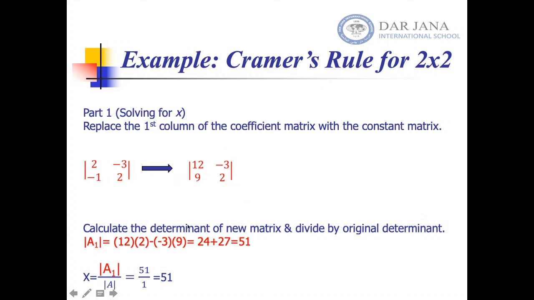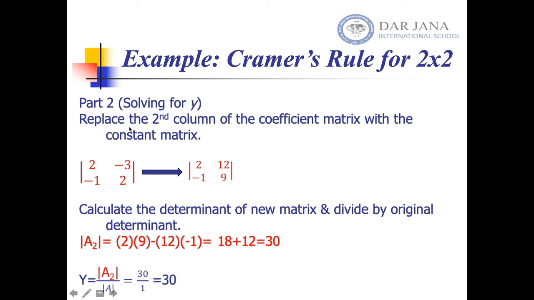Then we find the determinant: 12 times 2 is 24, minus negative 3 times 9 is 27. We add them: 51. So x equals 51 over 1. From where did we get 51? From A1. From where did we get 1? From the coefficient matrix.